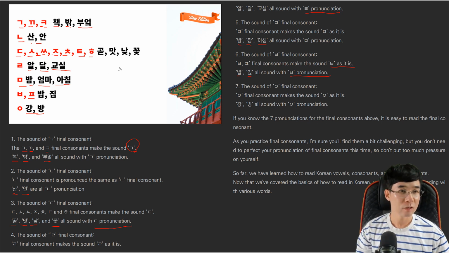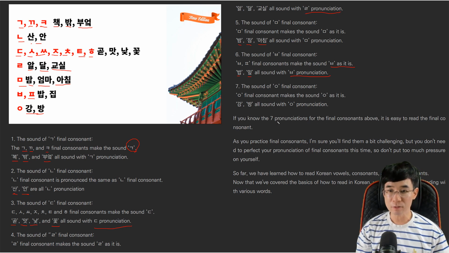So let's review once again. Let's read it aloud once again. 책, 박, 부엌, 산, 안, 곳, 맛, 낫, 꽃, 알, 달, 교실, 밤, 엄마, 아침, 밥, 집, 강, 방.